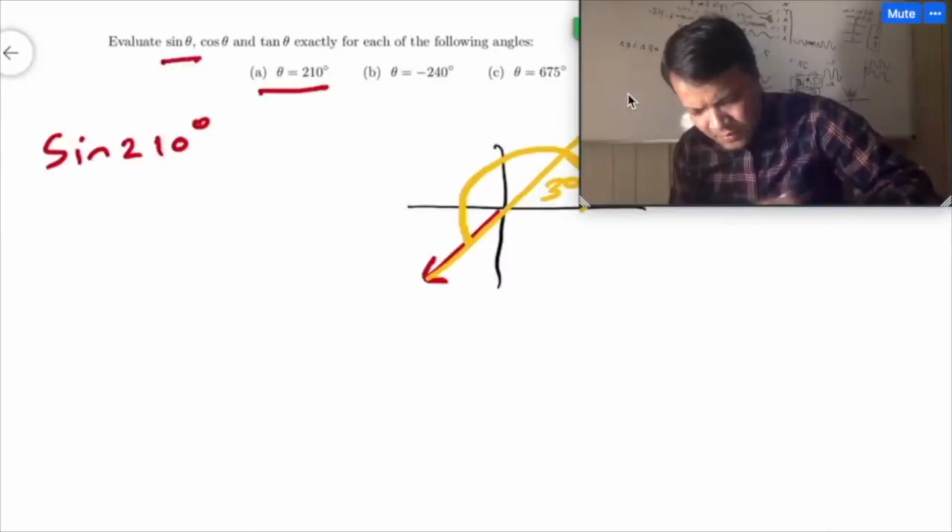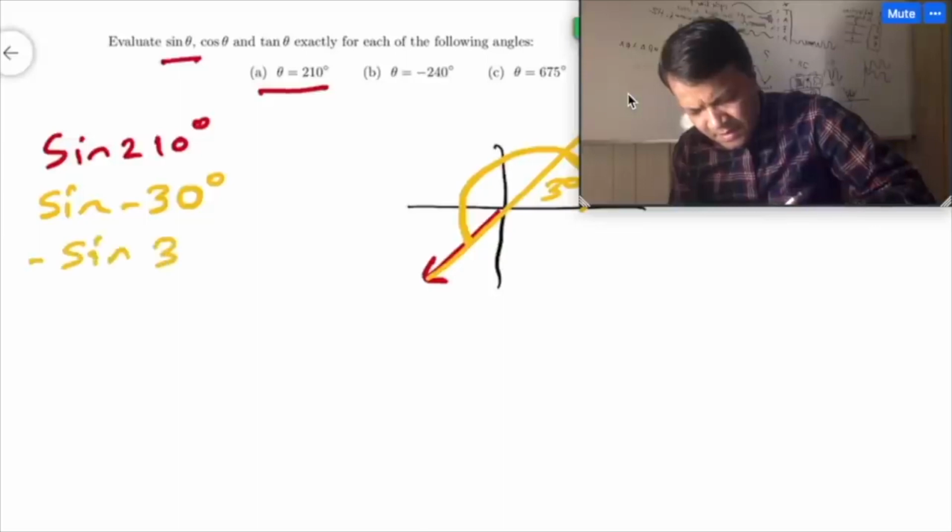So sine 210 degrees is negative sine 30 degrees.